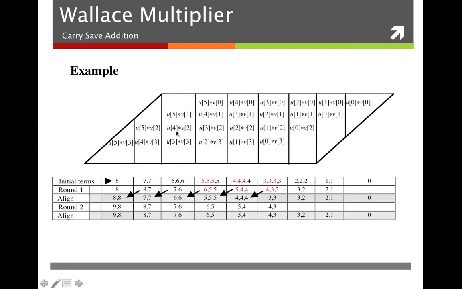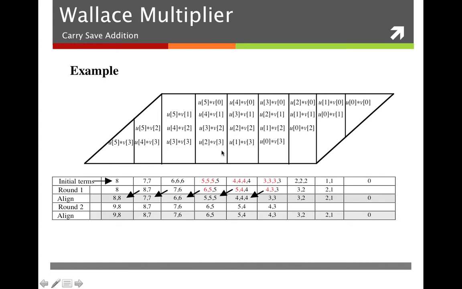So here's a Wallace multiplier with a 6-bit multiplicand and a 4-bit multiplier. Again, we start out with the first row here. You can see that we take V0 and multiply it with all of the U bits. We take V1 and multiply it with, by multiplication I really mean ANDing, because these are just bits, all of the bits of U. And likewise, everything is done here.